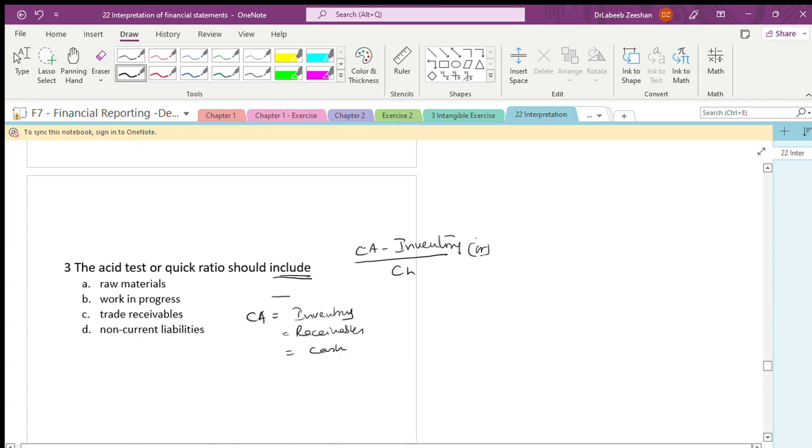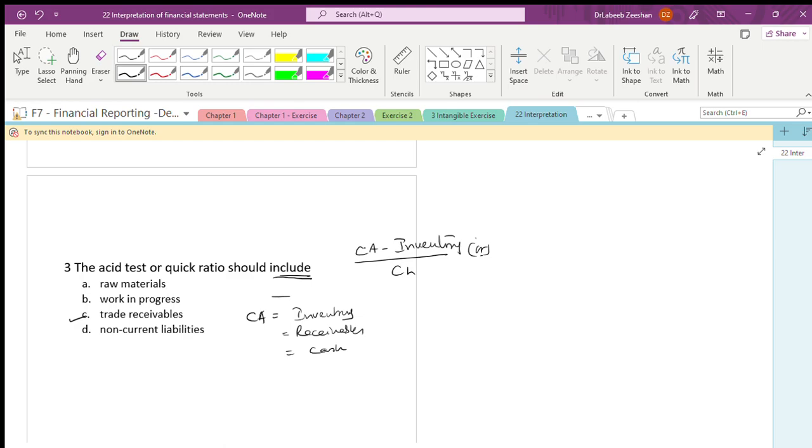Within these factors, which one is relevant to us? It is trade receivables. Current assets minus inventory.